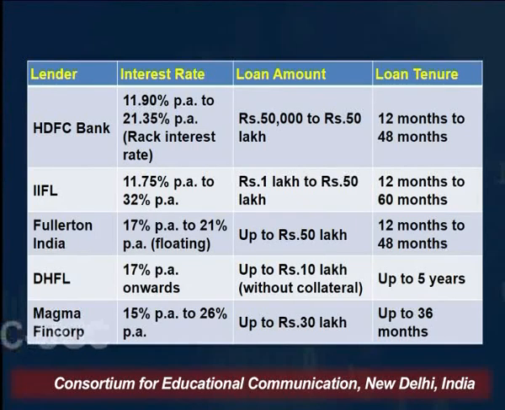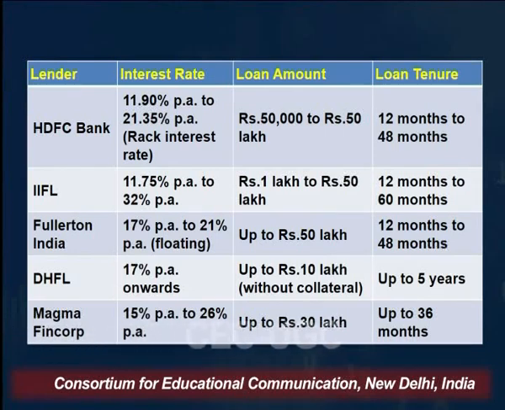Then we have Fullerton India. The interest rate starts from 17% per annum to 21% per annum, which is floating. Up to 50 lakh is the loan amount and the tenure is 12 to 48 months. Then we have DHFL.